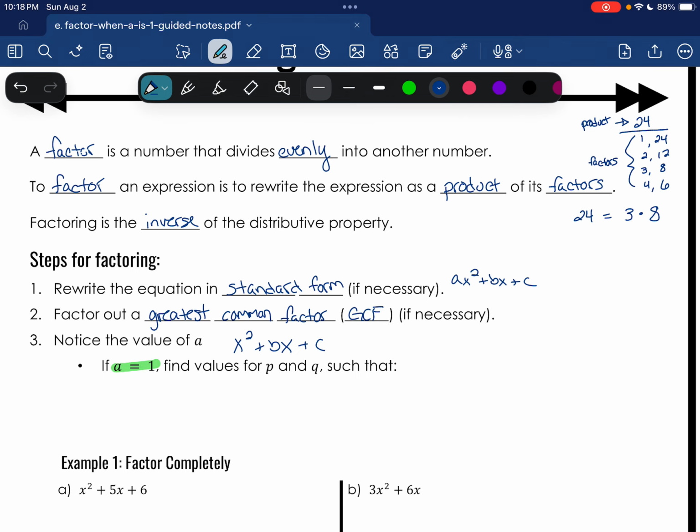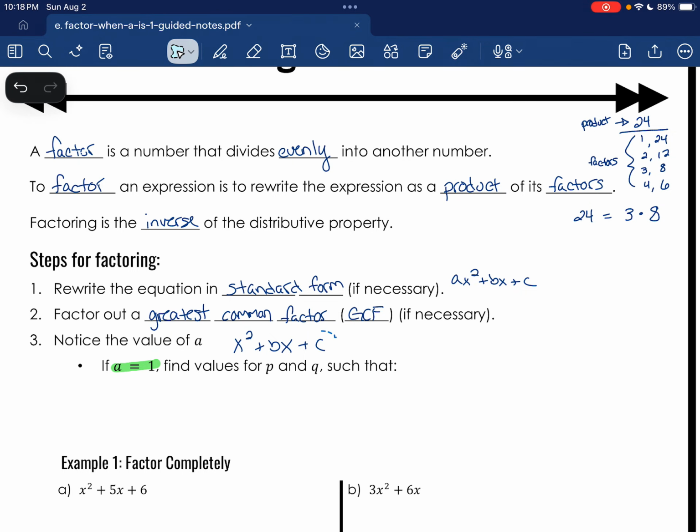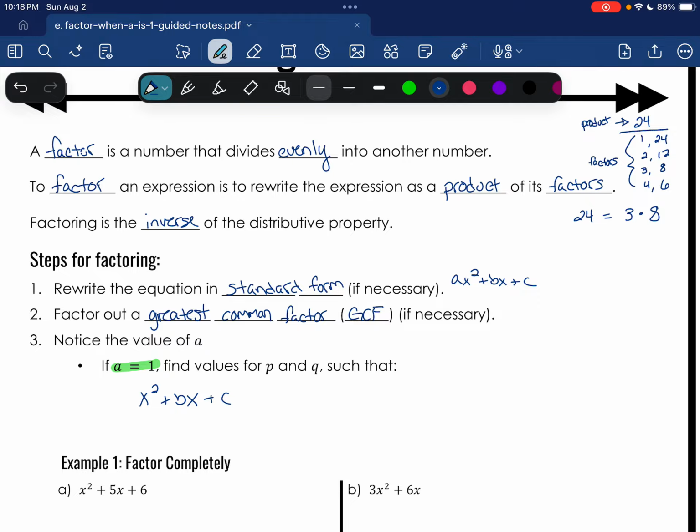We want to be able to rewrite our expression as x plus some number p times x plus some number q. Now, how do we find these numbers?